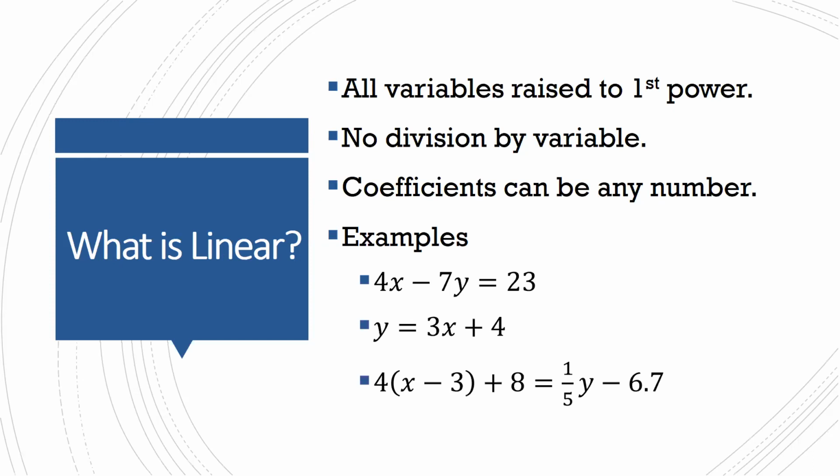So it's important to understand what the word linear means. Linear is referring to the variables in my equation. If I'm dealing with two variables, x and y, then linear equation means those variables are going to be raised to the first power, and also that we don't have any division by any variable.